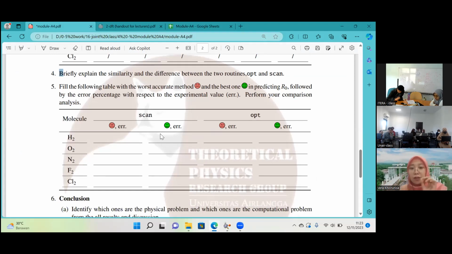And then for the report, you only tabulate the worst accurate and the best one among the combination of methods. So which one is the worst? So you can tabulate for each routine, the scan and the optimization.